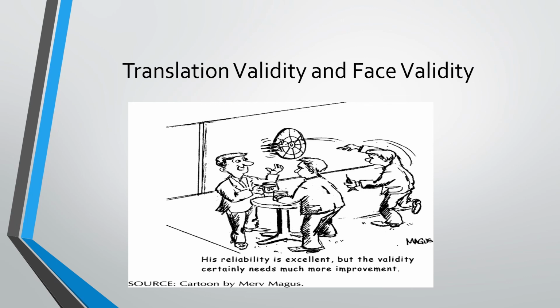Face validity examines the content domain and content validity. Face validity is how an organization reviews personal assessment on innate abilities. Face validity is considered a weak form of construct validity.